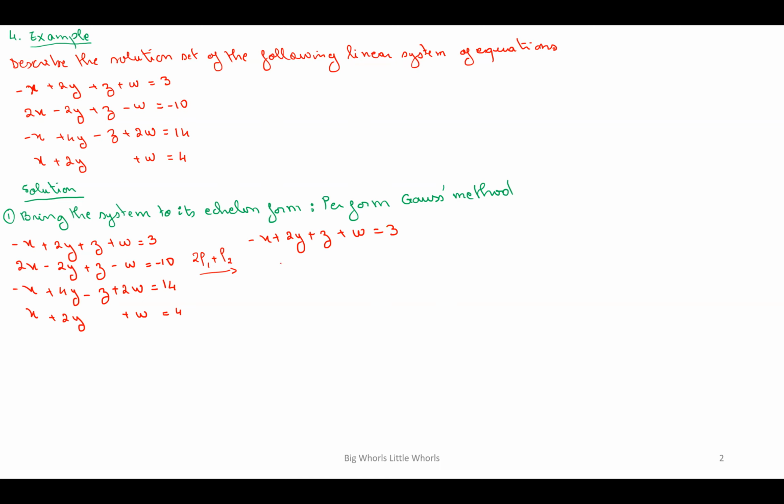And here we are going to eliminate in the second row, so we have here 2y, sorry, that's 2y plus 3z, plus w equals 6 minus 10, which is going to be equal to minus 4.